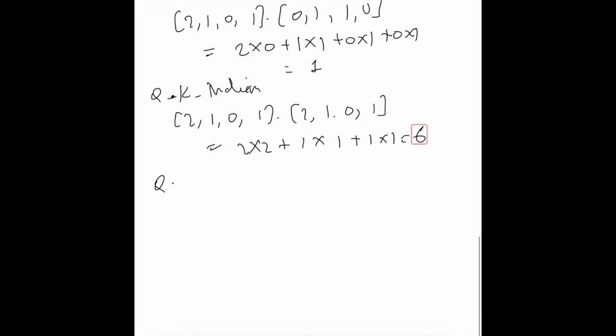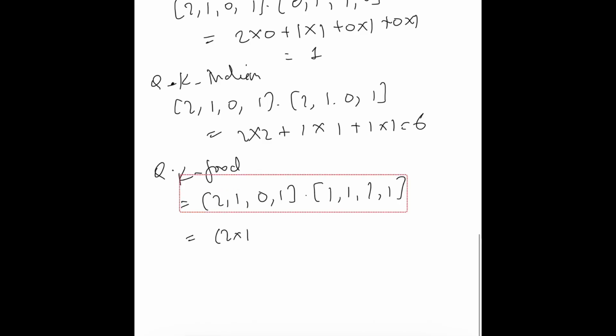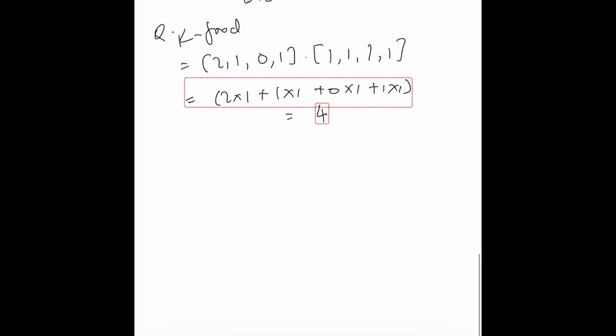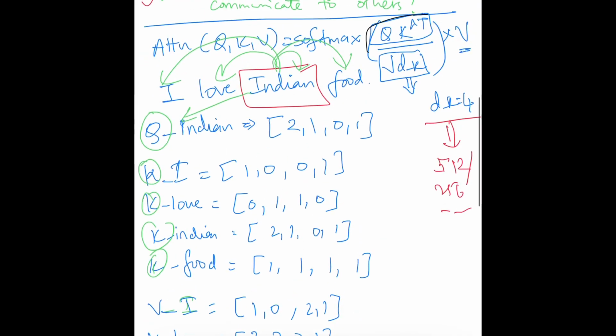And then Q times the last one, K_food. This comes out to be 4. Okay, so now what we've done is we have calculated this part.